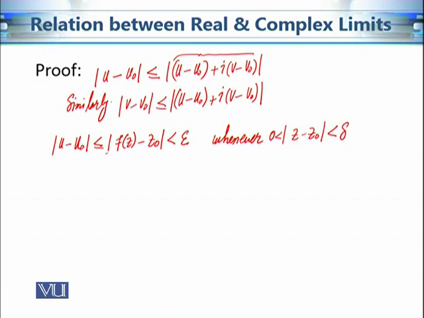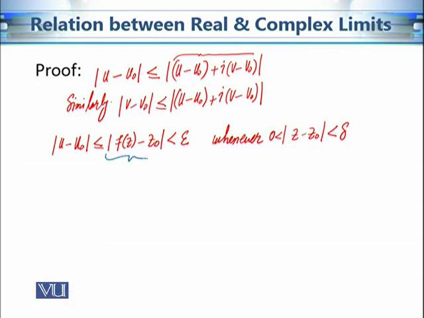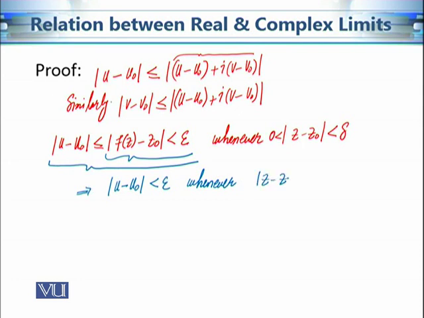So basically we are using the definition of the limit of this complex valued function. Since the limit of f(z) is z₀, this is less than epsilon whenever this distance is less than delta, and this implies that |u − u₀| is less than epsilon whenever the distance between z and z₀ is less than delta.